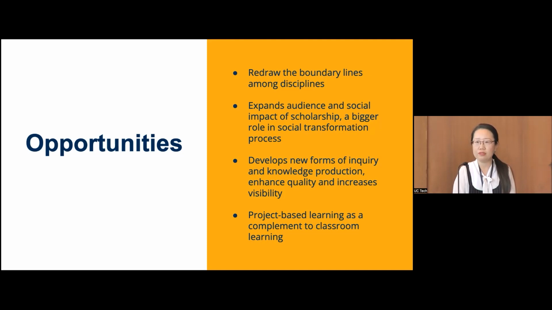For example, data science and geospatial analysis involve some data knowledge and some coding knowledge to create interactive maps. So it expands the scope of what you can do as a humanities researcher.